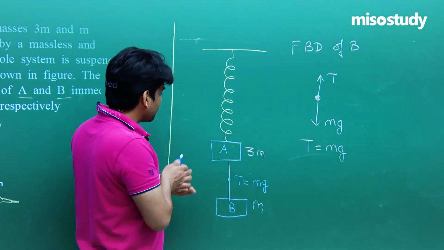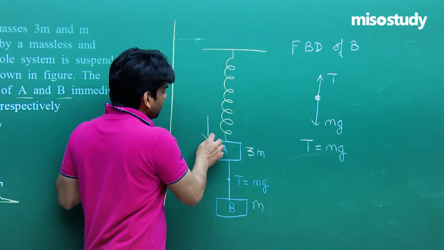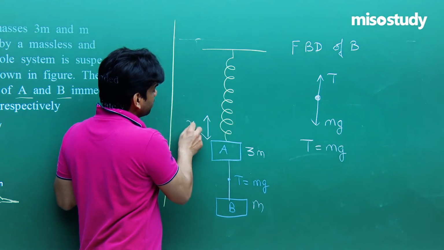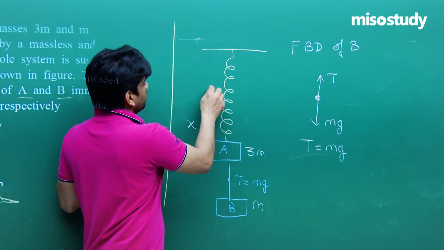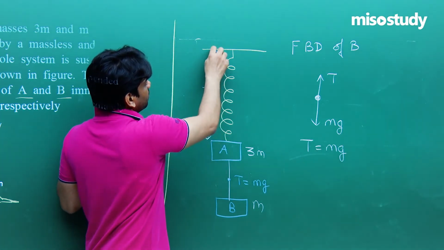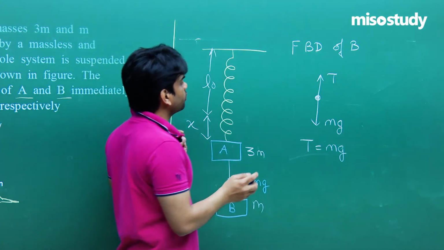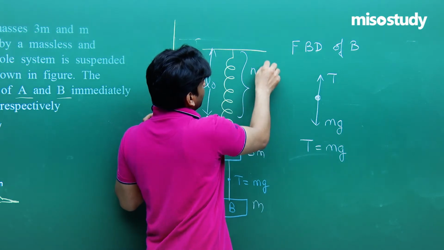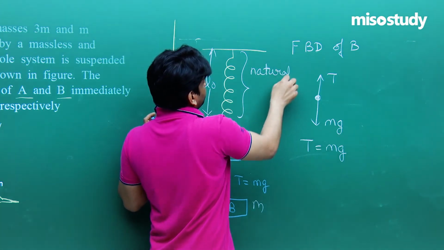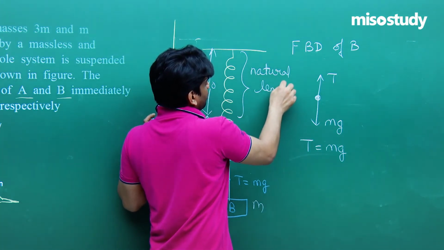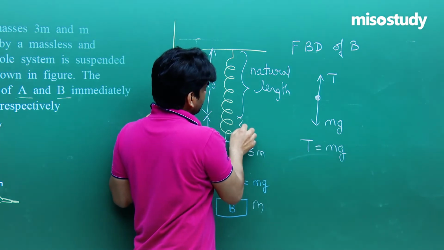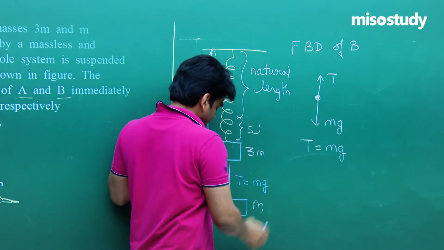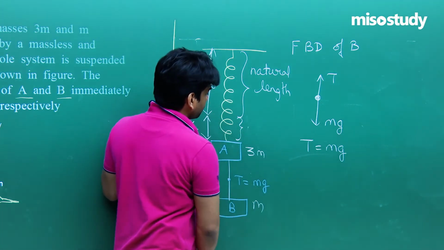Now let's talk about the stretch in the spring. Let's say the spring is stretched from its natural length L0 through a length x. This is the natural length, and this part is the extension in the spring.